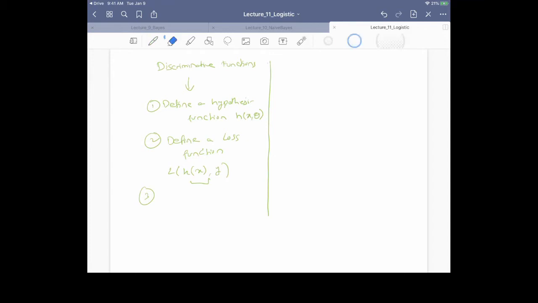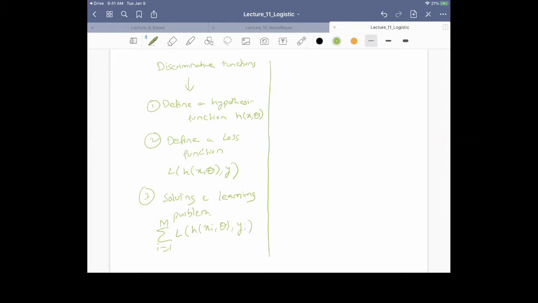We define this as h theta of x comma y, and then we solve a learning problem. The learning problem involves minimizing the sum from i from 1 to capital M of L of h of xi comma theta comma yi.